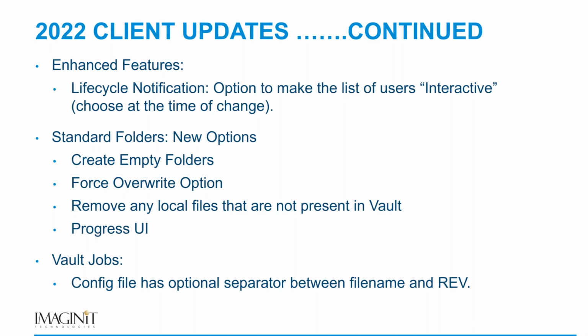So if my file name was 123, now I could say I want it to be 123 space dash space rev A, right? So I can change what that separator is between the file name and rev if I'm adding the revision to the file name of the said PDF. Okay.